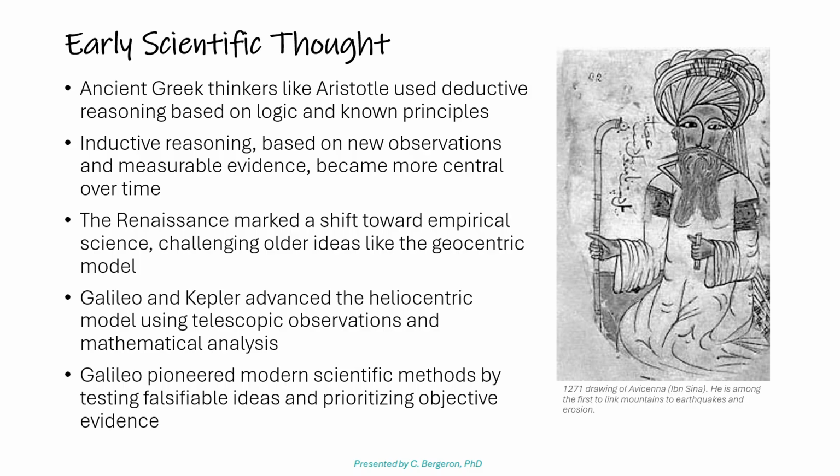Back during the empire of ancient Greece, ancient thinkers like Aristotle would use a type of reasoning called deductive reasoning, which basically applies known principles of thought to establish new ideas or predict new outcomes. So basically they would try to deduce or make connections or inferences to new things based on things that they already knew, which is not a bad approach if you don't have anything else, right?